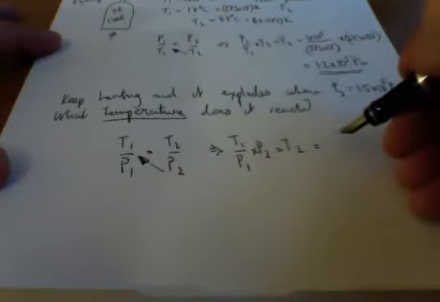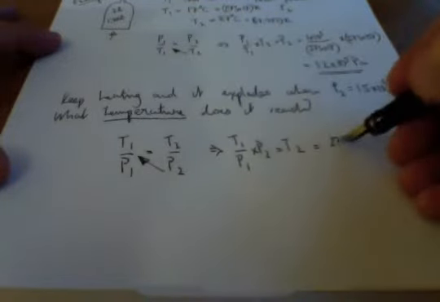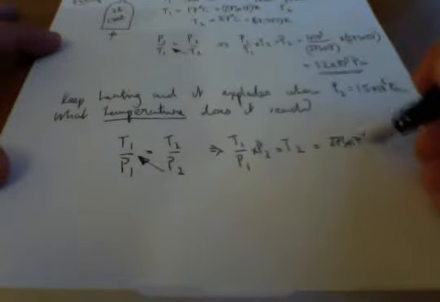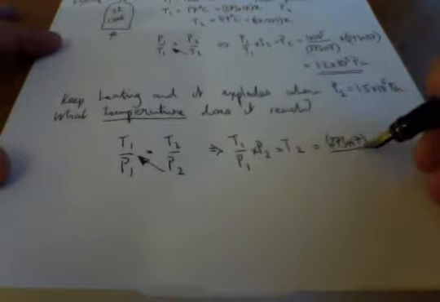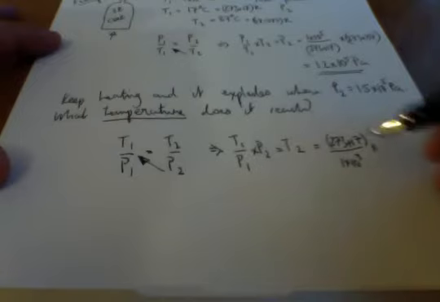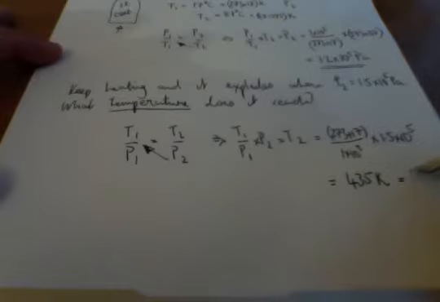Okay, temperature 1 was initially 273 plus 17, divided by pressure 1, which was 1 times 10 to the 5, multiplied by the new pressure, which is 1.5 times 10 to the 5. And that gives me a grand total of 435 Kelvin, which is the same as 162 degrees Celsius.